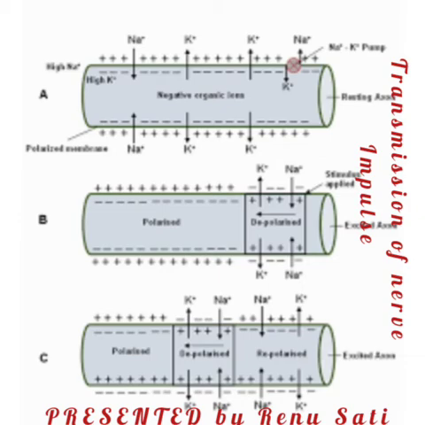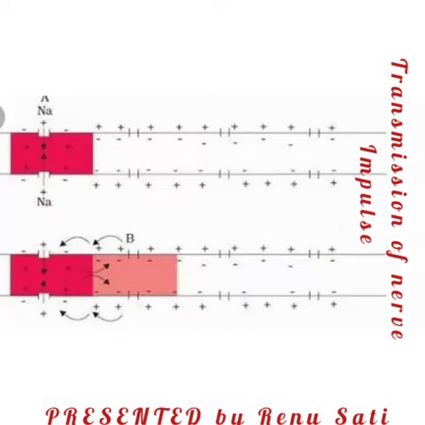As a result, the outer surface of the axonal membrane is positively charged while its inner surface becomes negatively charged, and therefore is polarized. The electrical potential difference across the resting plasma membrane is called the resting potential.